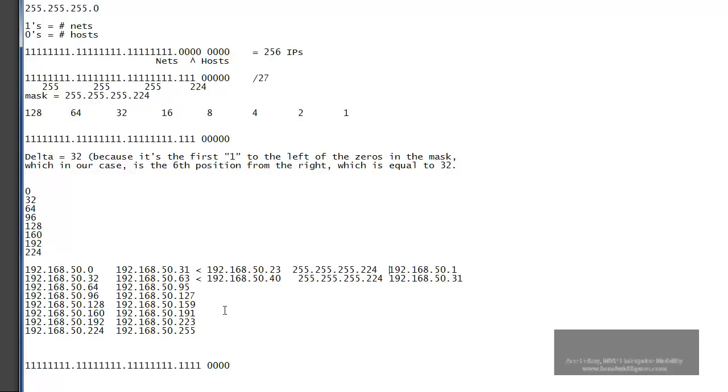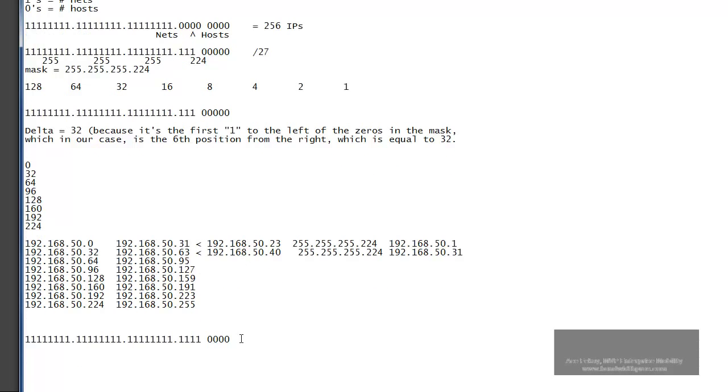You want to know how your computer can figure out whether you are on a subnet or not? Well, say your computer is here. That's your computer.